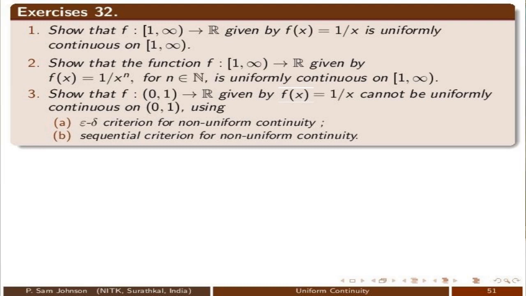1 over x is uniformly continuous on the interval closed 1 to open infinity, and similarly one can show 1 over x to the power n is uniformly continuous in the same interval. But the function 1 over x on the interval 0 to 1 is not uniformly continuous. You are asked to prove this by using the epsilon delta criterion and the sequential criterion for non-uniform continuity.